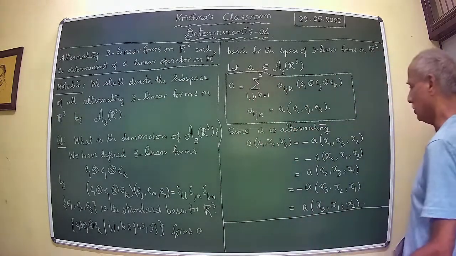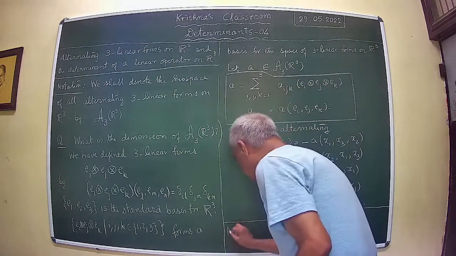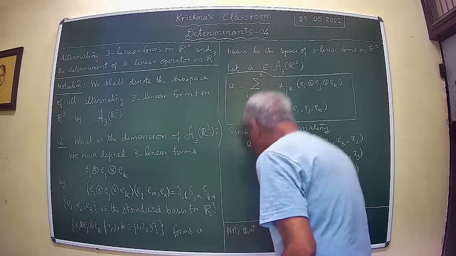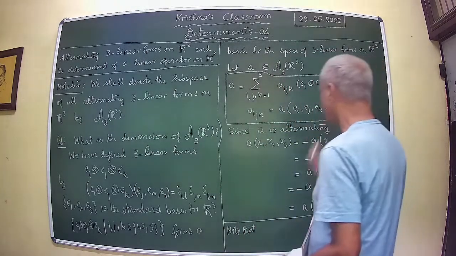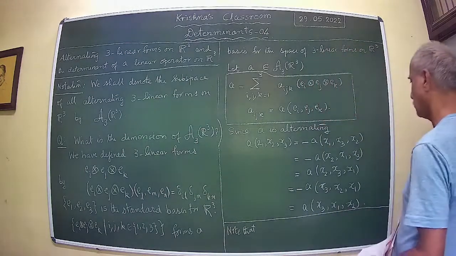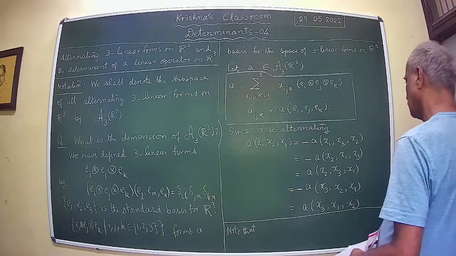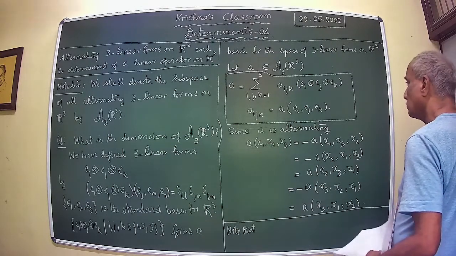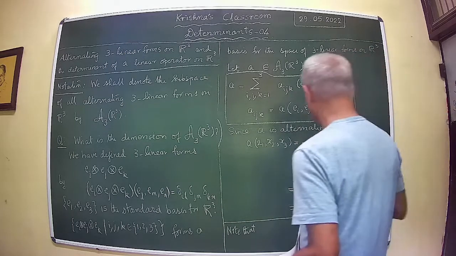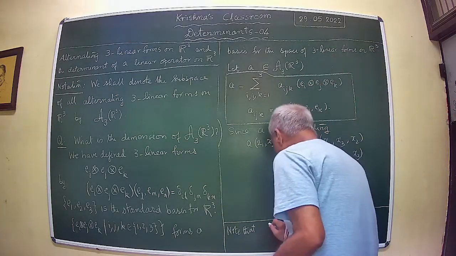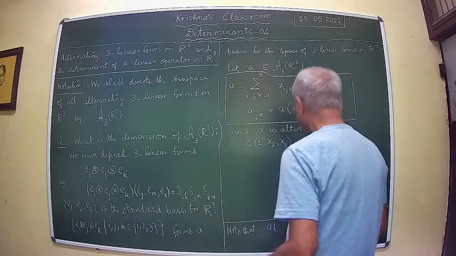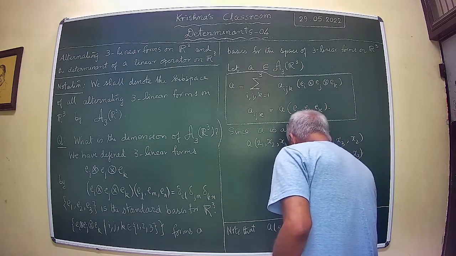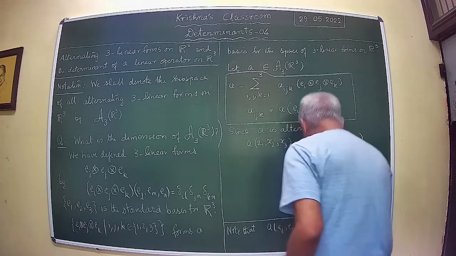Okay. So note that A of Ei, Ei, Ek is zero.